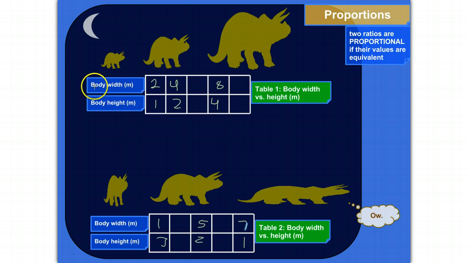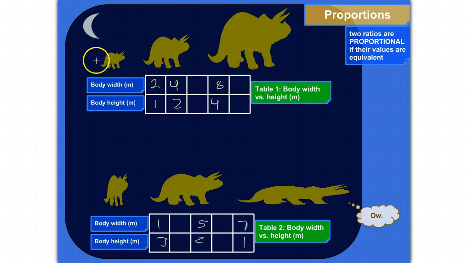So I have a table of the body width of the Mathceratops in meters, and then the value of its height, excuse me, in meters. These are my data points for each of the three.